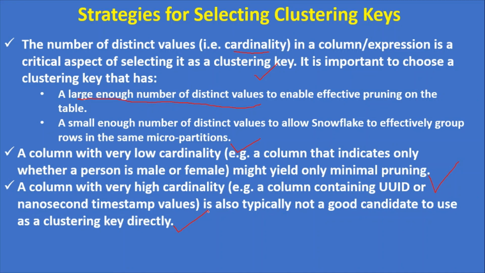If you include the employee ID as part of a cluster key, the high cardinality is also not good. So these are the clustering keys and strategies for selecting clustering keys.